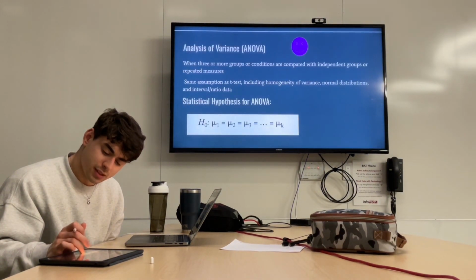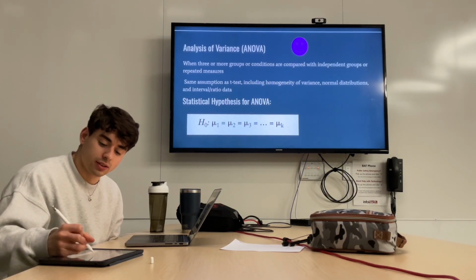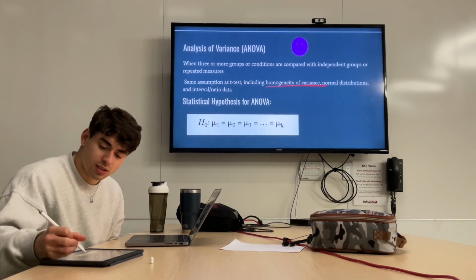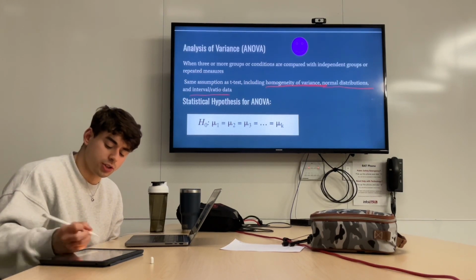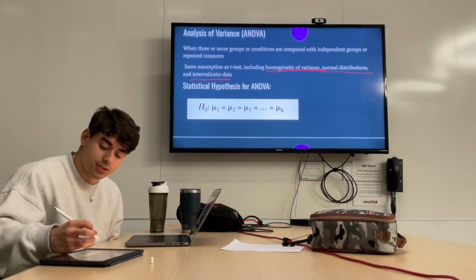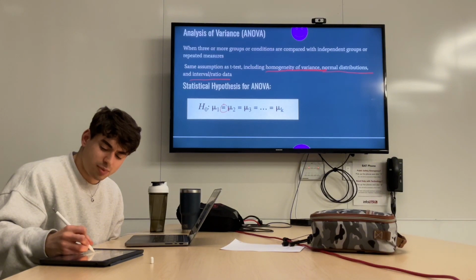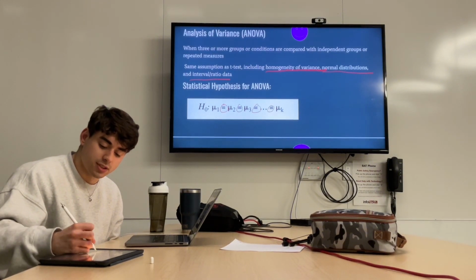All right. Same assumptions as t-tests, including equal variances, that it follows the normal distribution, and we're in interval ratio data. And you remember how I said for the null hypothesis, it's always going to be the equal sign? The interval ratio data, is that important? Probably not, but just know it's an assumption. So remember, null hypothesis has the equal signs.